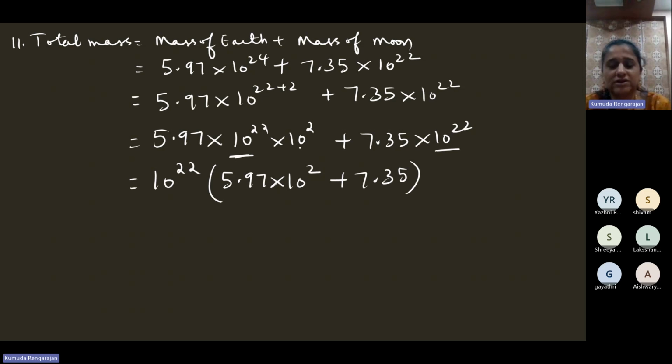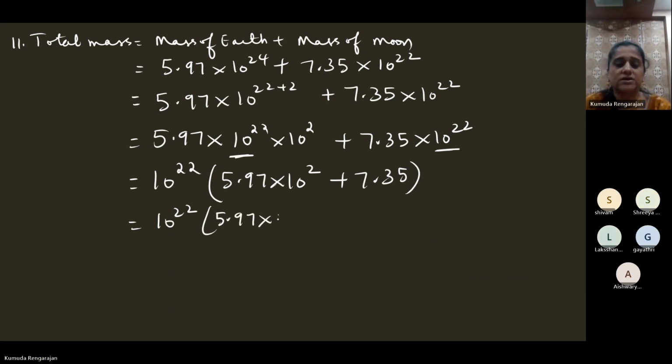So we just have to write the remaining 5.97 into 10 squared from the first part plus 7.35 from the second part. So 10 to the power 22 into, this is nothing but 5.97 into 100, 10 square is 100, plus 7.35.